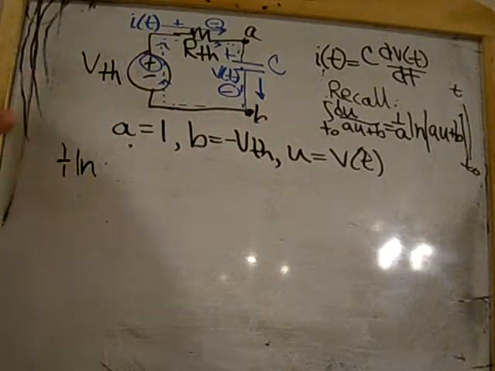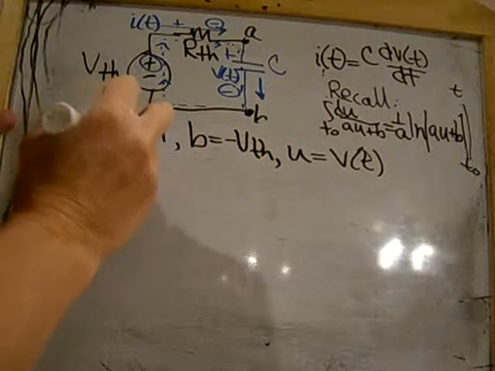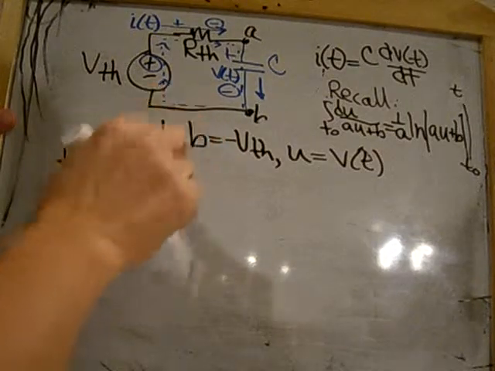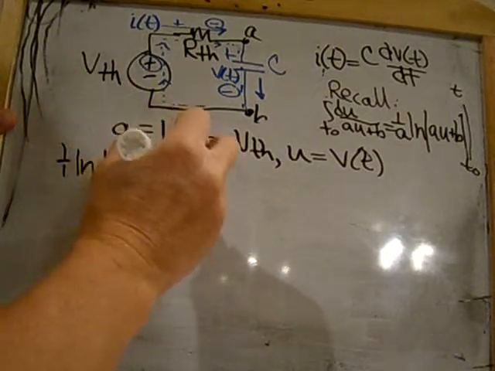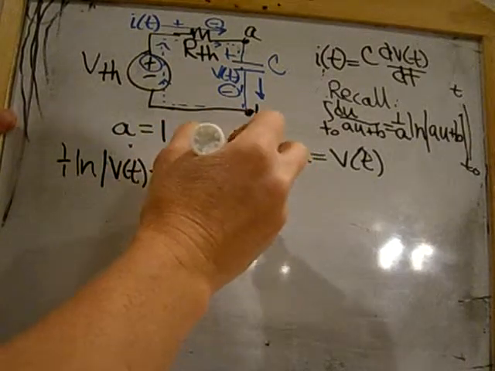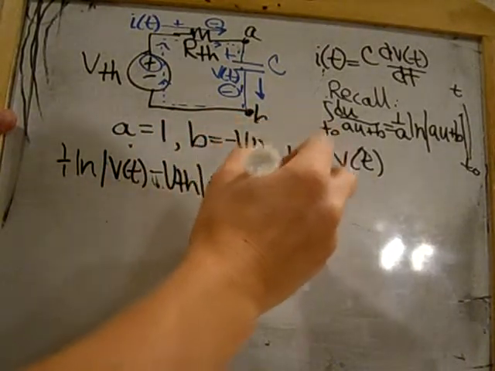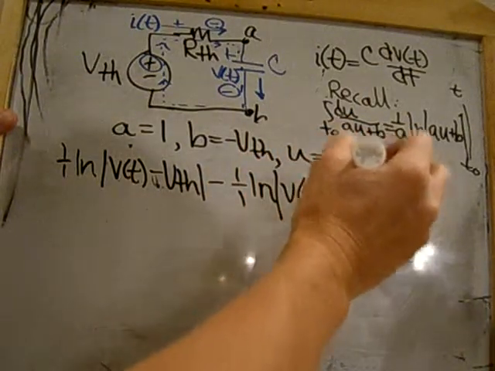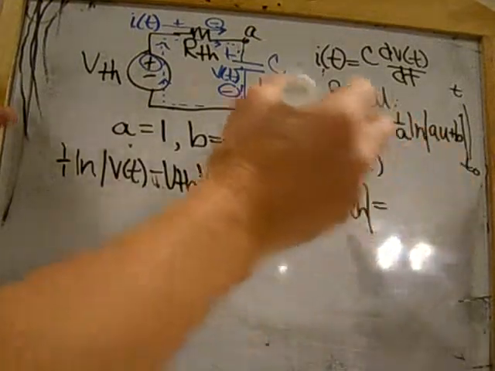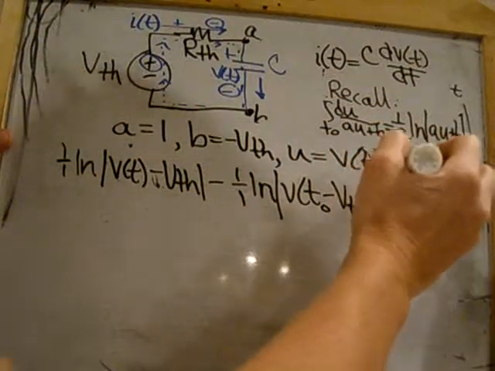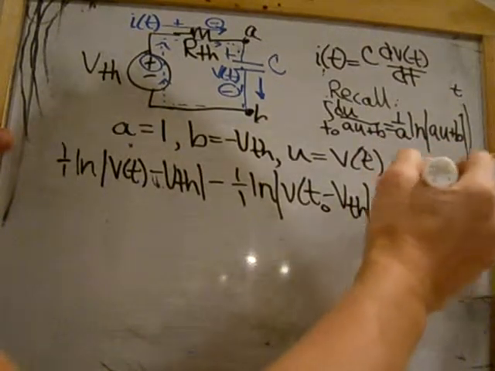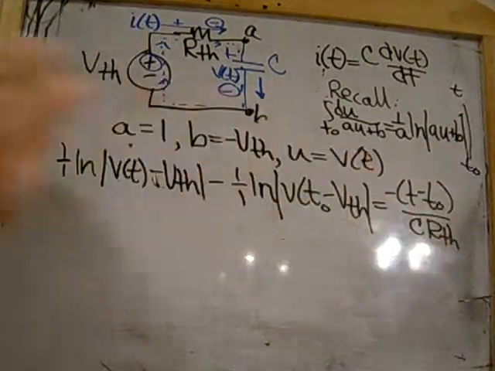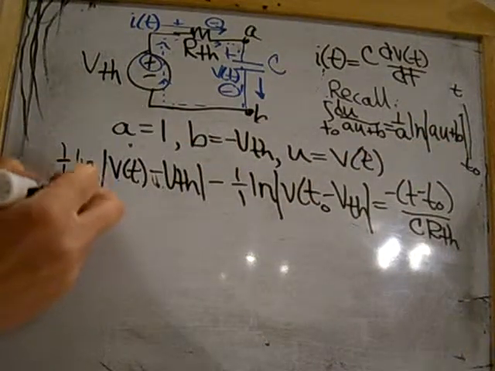So 1 over A, which is still 1, natural log of A times U plus B, which is a minus VTH, and then a minus, again 1 over 1 natural log of V of t0 minus VTH is equal to a minus t minus t0 over CRTH, and this is because CRTH is a constant value.